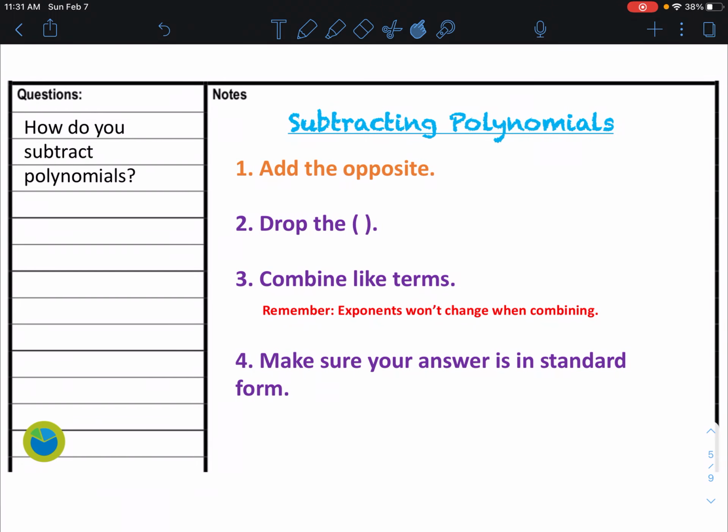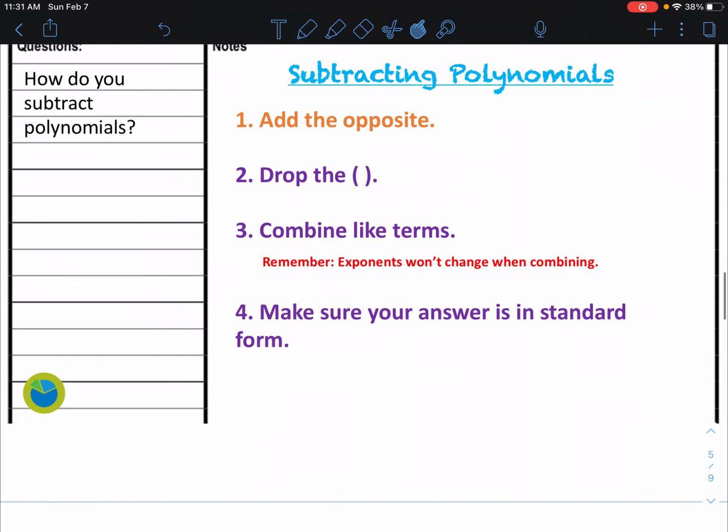The first thing we will do is add the opposite, and you'll see what I mean by that in a moment. But then notice steps 2, 3, and 4 are the exact same as adding. These steps, in purple, were what we did to add polynomials. So really we're just adding one step here, and then we're good to go, okay?